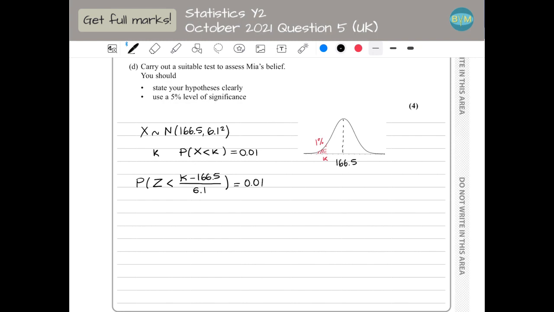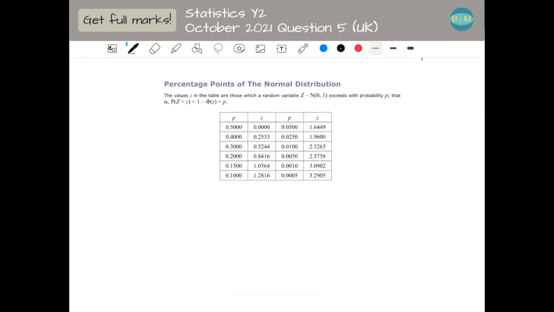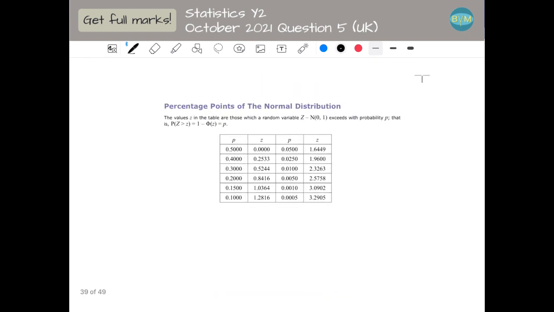And what we can do is to go to the tables, and let me show you the formula booklet. So this is the formula booklet. Remember, you have a percentage point table where you have the probability of z being greater than a value, and we have the 0.01. So this table is tiny and has very few values, but if you have the value here, it's perfect.